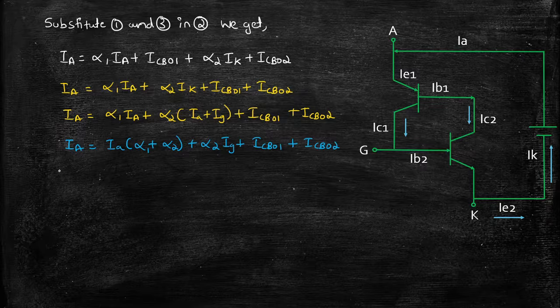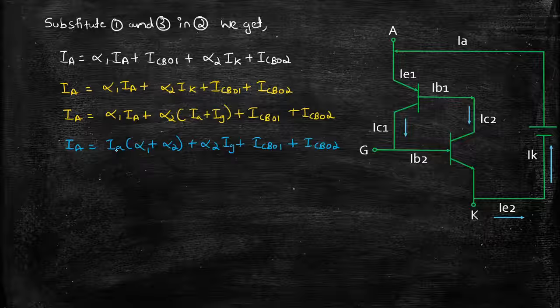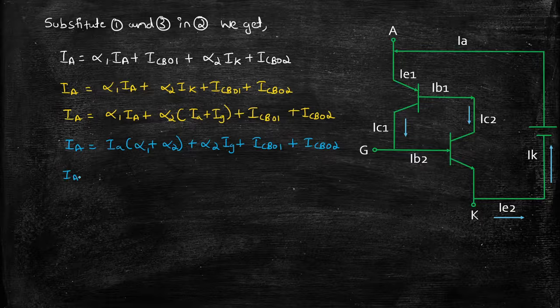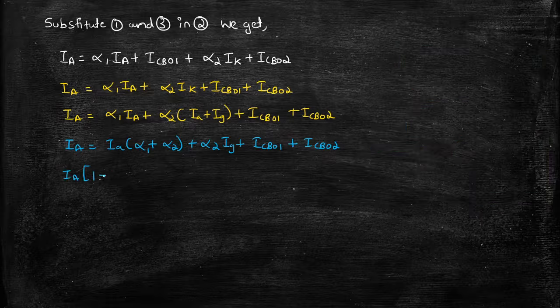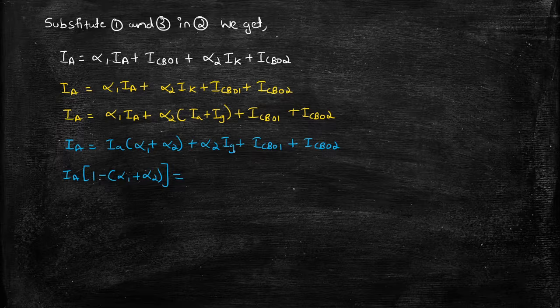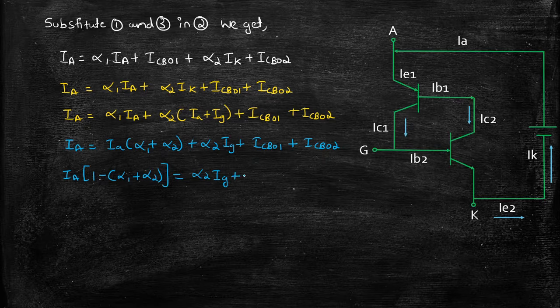Once this is done, IA is here and here, so I will take IA to this side and take IA common throughout. We will have 1 minus of alpha 1 plus alpha 2, brackets closed, and rewrite this term as it is, that is alpha 2 into IG plus ICBO1 plus ICBO2.